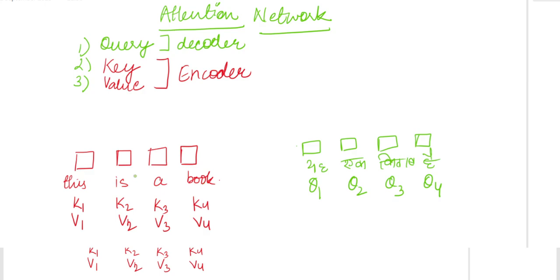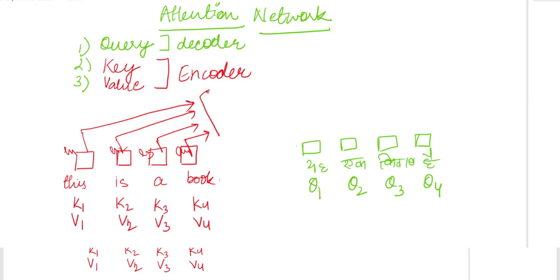We want to take all the inputs from the encoder hidden states, H1, H2, H3, and H4, and generate a context vector out of all the hidden states.